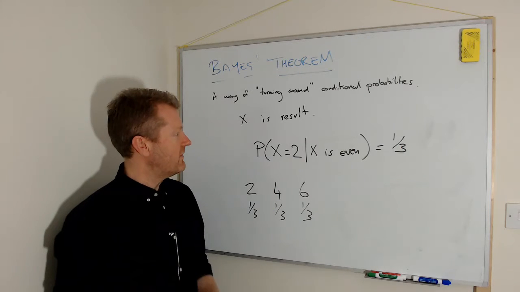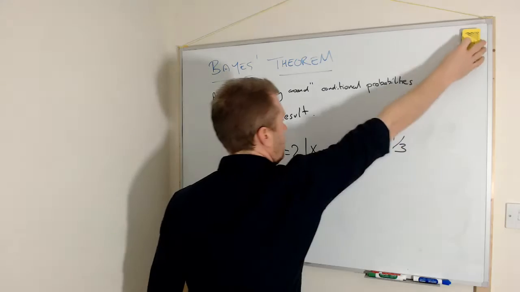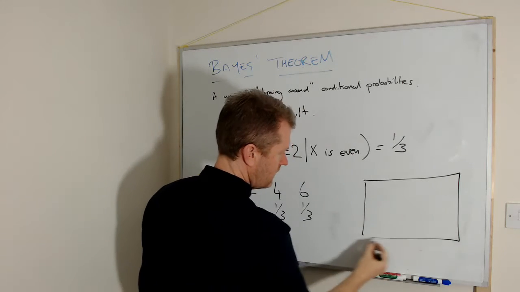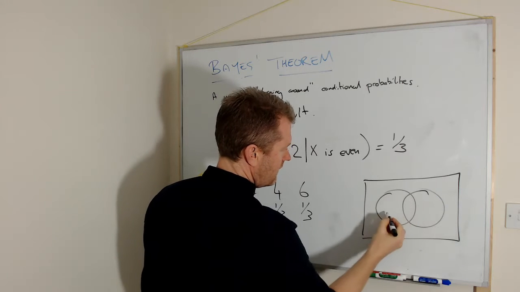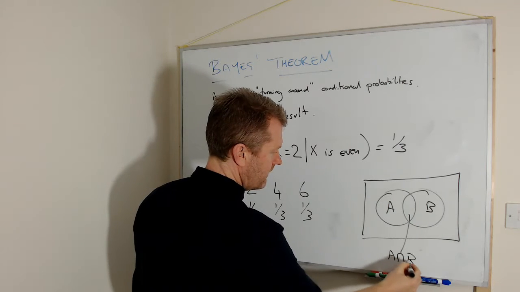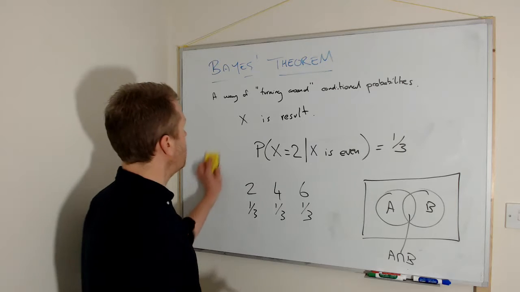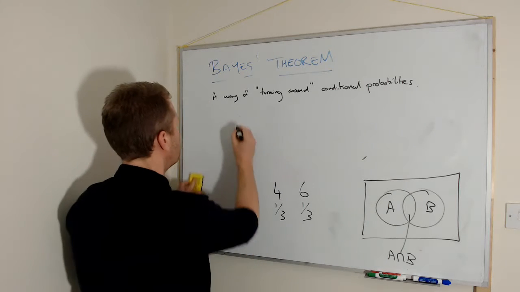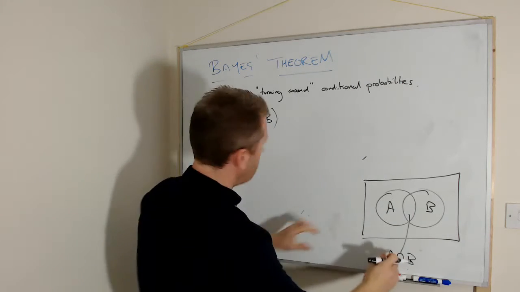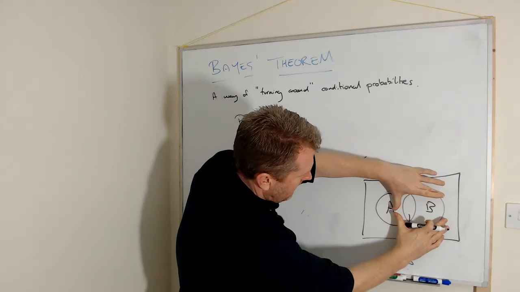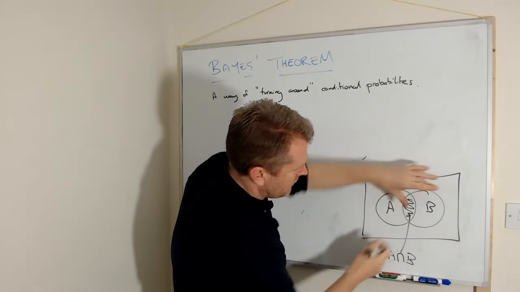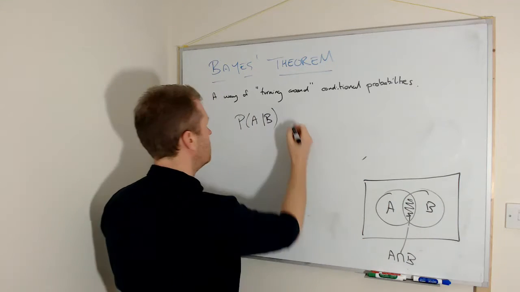So that's a conditional probability. The way of working these out in general is we use, well, let's draw a Venn diagram here. Here's A, say, and here's B, and this is A intersect B. The probability that A given B is equal to, well, we're only concerning ourselves with B having happened, so it's this proportion here divided by the entire space there.